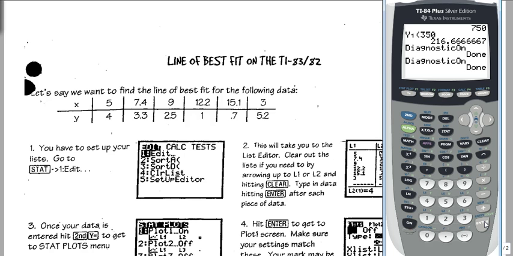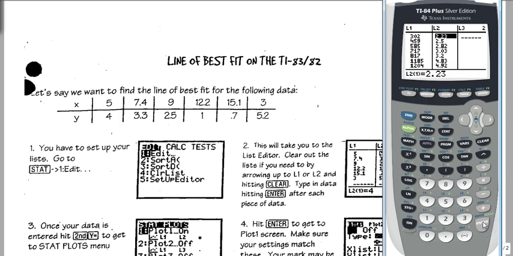Okay, so the next thing we want to do is how to enter in data. Again, this sheet has a step-by-step, but I'm going to go through it and kind of condense it. You go to stat. Stat is right above the program button. You hit edit. Let's hit edit and see what we have.